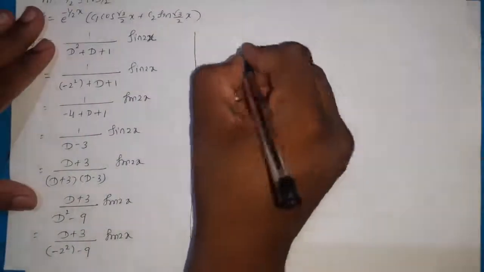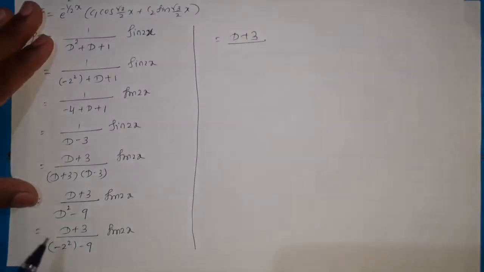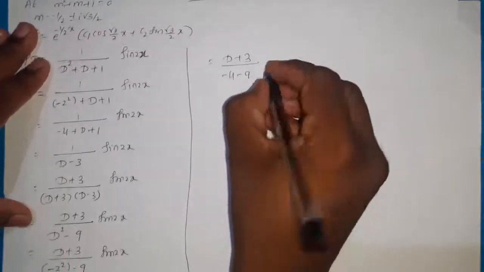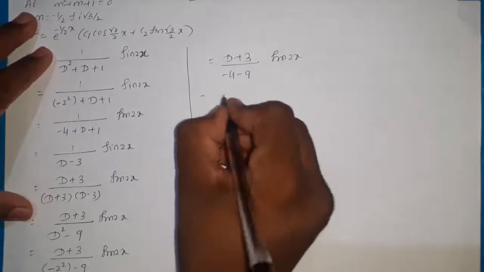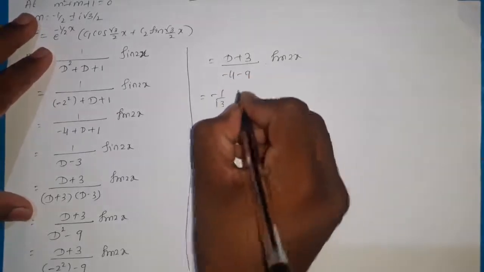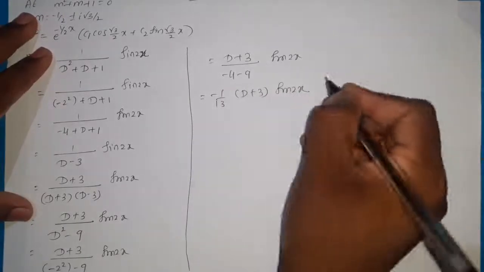Now it is equal to D plus 3 divided by minus 4 minus 9, sin 2x, which equals minus 1 divided by 13 into D plus 3, sin 2x.